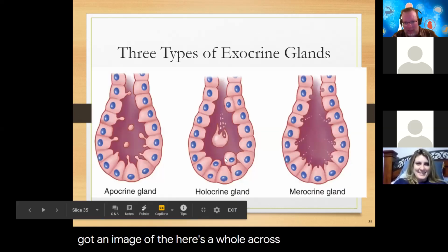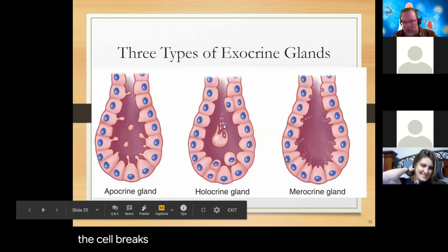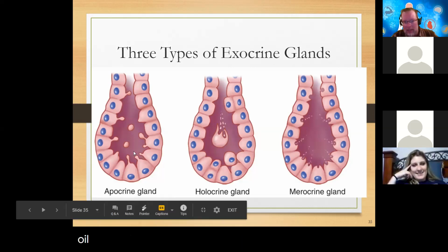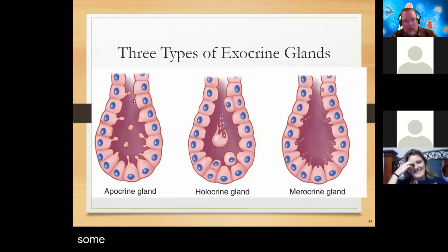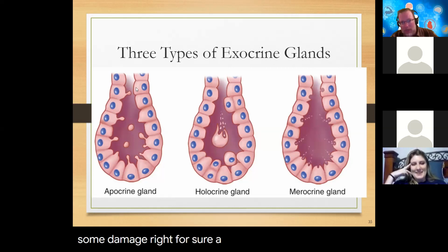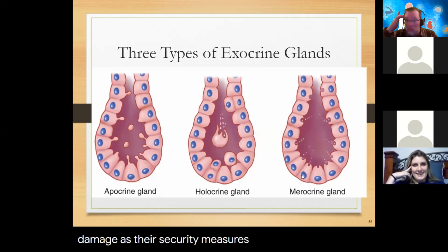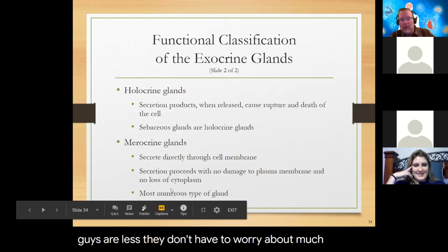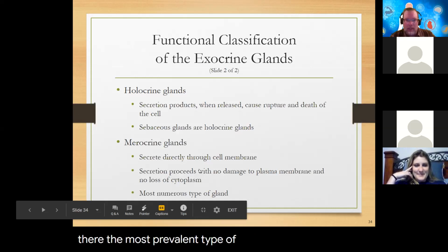The cell breaks off and then kind of explodes, releasing its oil. Apocrine, these can get damage as well, as these pinch off, they can lead to some damage as they're secreting. Merocrine, not so much. They don't have to worry about much damage. They're the most prevalent type of gland that we see.